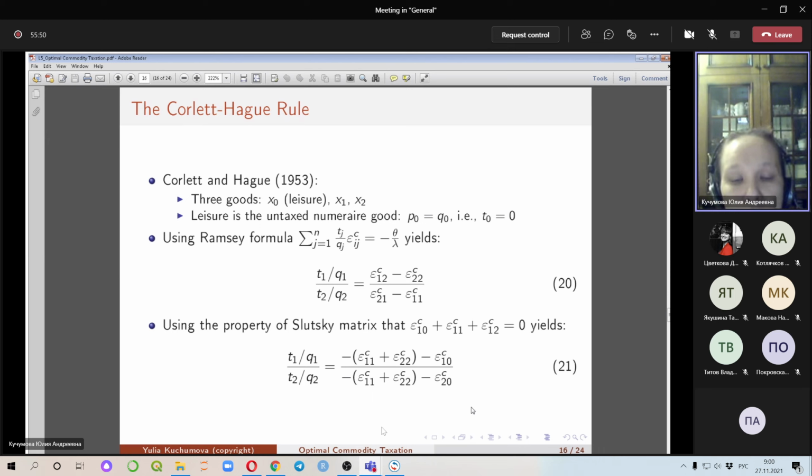In the numerator there will be the compensated elasticity epsilon 1,2 minus the compensated elasticity epsilon 2,2, divided by the difference between epsilon 2,1 and epsilon 1,1.